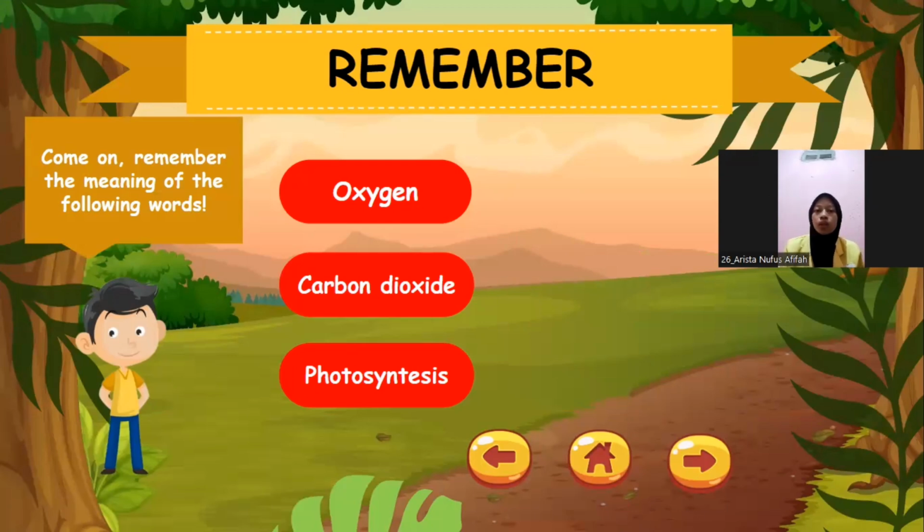Then, water is absorbed by plants from the soil by the roots. Then, carbon dioxide is absorbed by plants to carry out the photosynthesis process, and the results of the photosynthesis process are oxygen and glucose. That's it. Very correct answer from Group 1. Give a big round of applause.